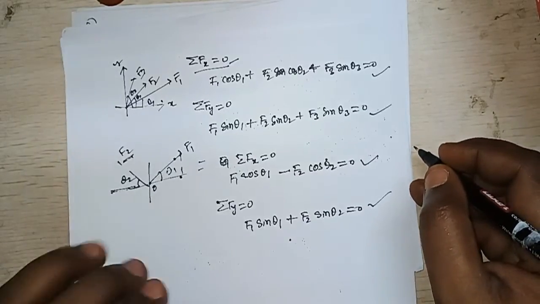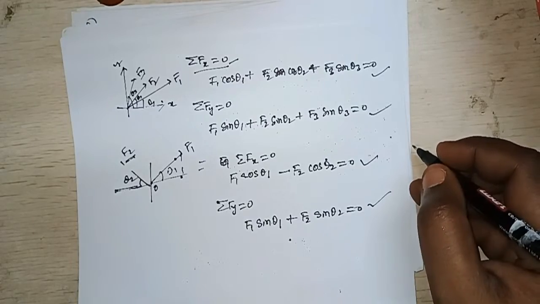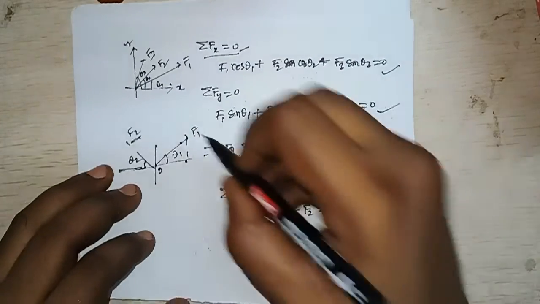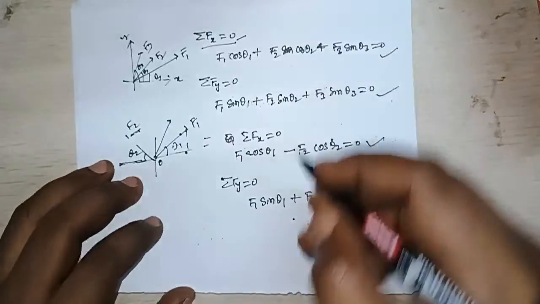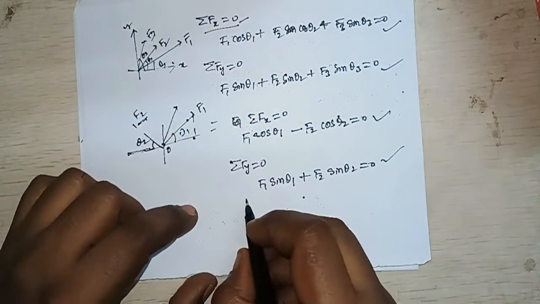Okay, in the equilibrium equation, understand that these two will produce one resultant. So there was some resultant.